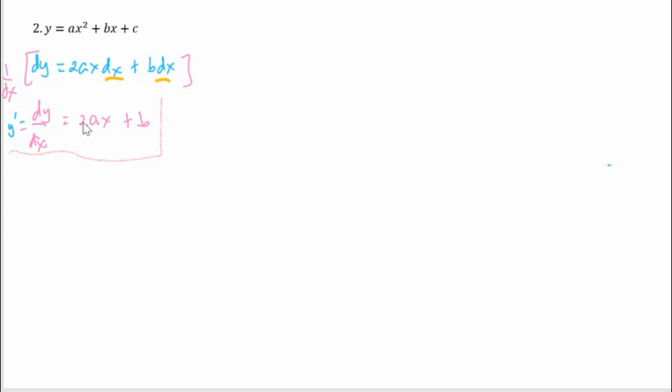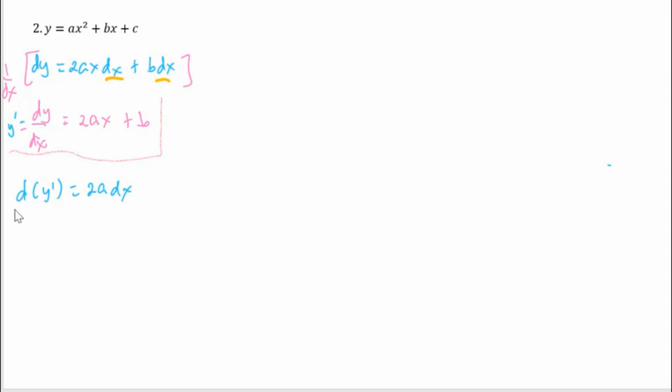Now let us take the second derivative. So we have the derivative of y prime equal to the derivative of 2ax, which is 2a dx, plus the derivative of b. Since b is a constant, it is already 0, so no need to write plus 0.